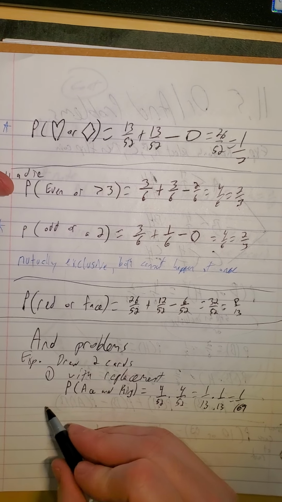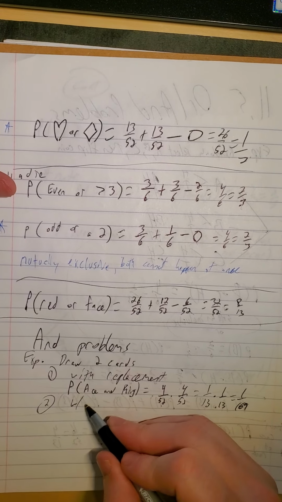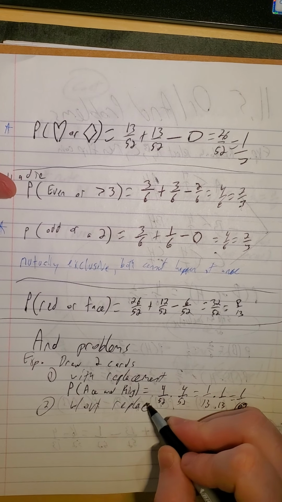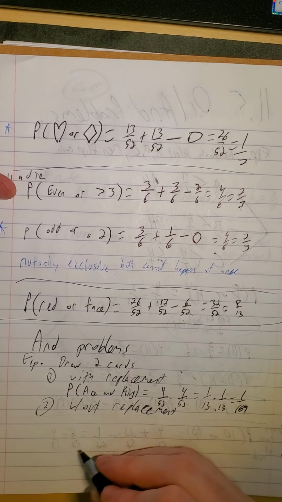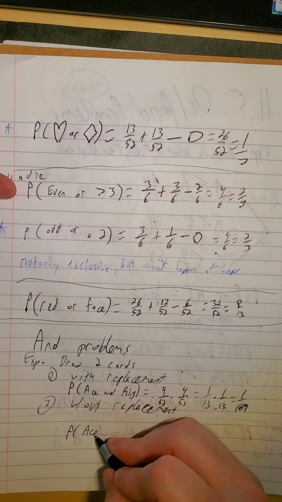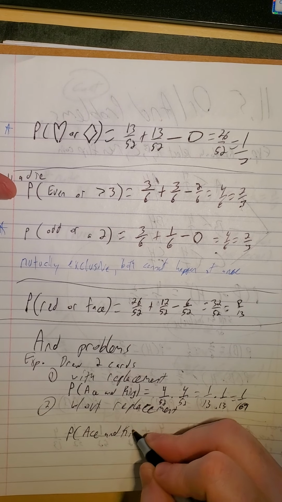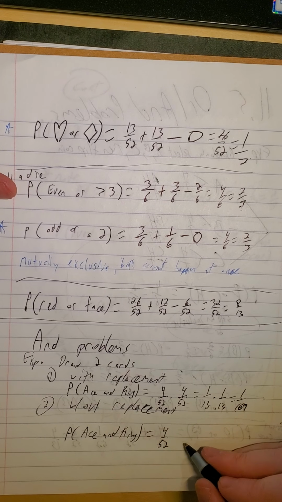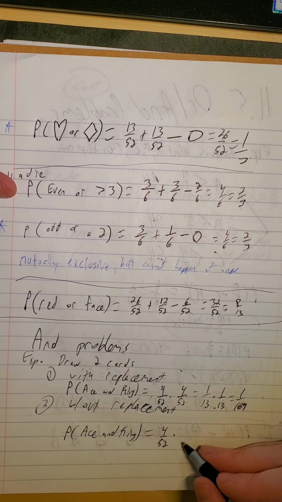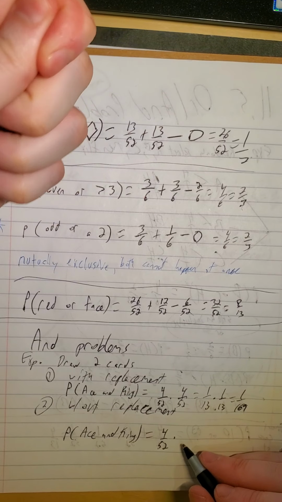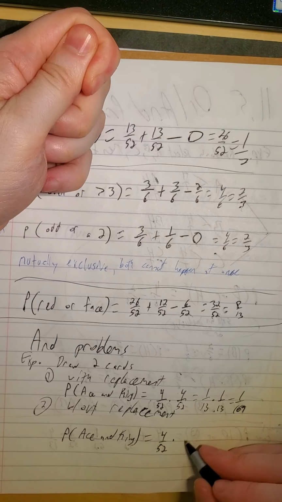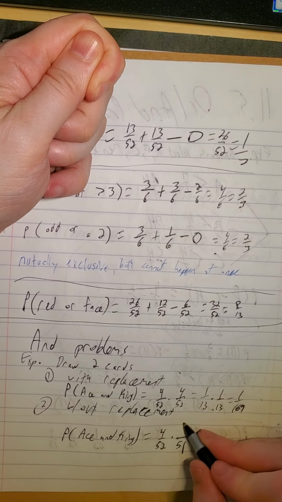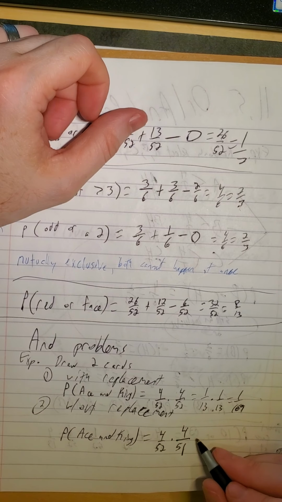If I do this instead without replacement, an ace and a king, I still start the same way, 4 out of 52. Now I have an ace in my hand. I now have 51 cards left in the deck, 4 of which are still kings.